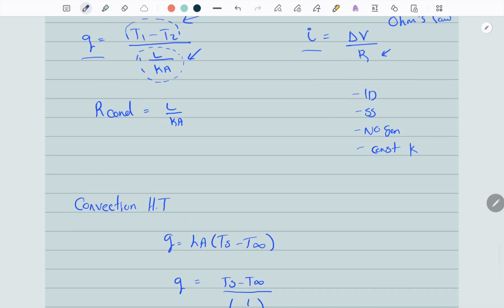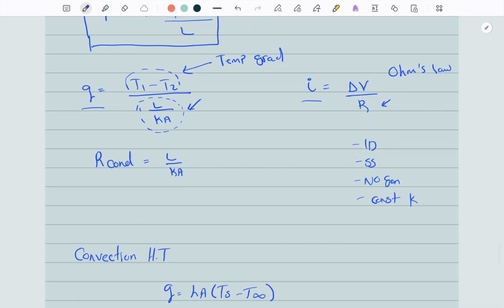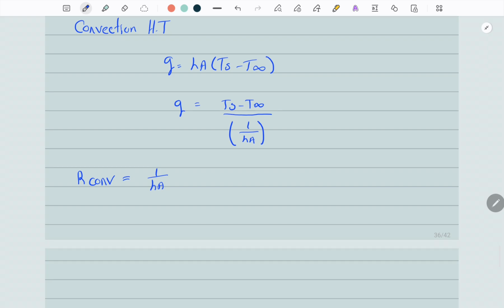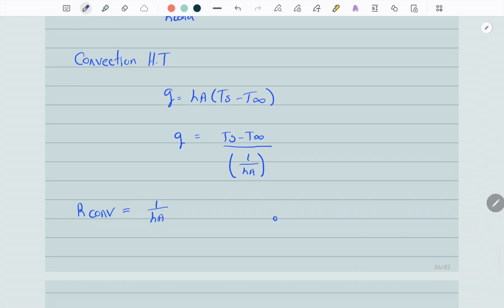To draw this as a circuit flow, this is your first temperature, T1. It goes through a thermal resistance to reach T2. This is your direction of the heat flow, and this here is your conduction resistance. Same thing could be applied to the convection heat transfer.